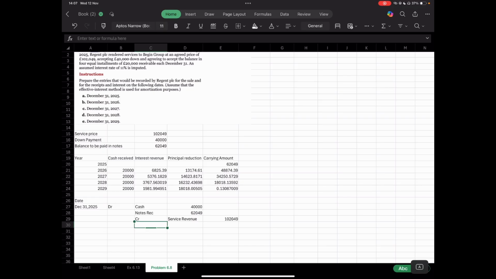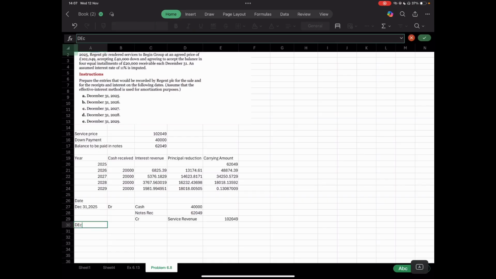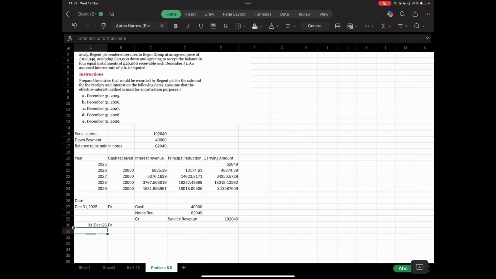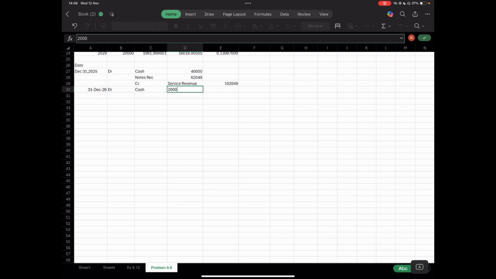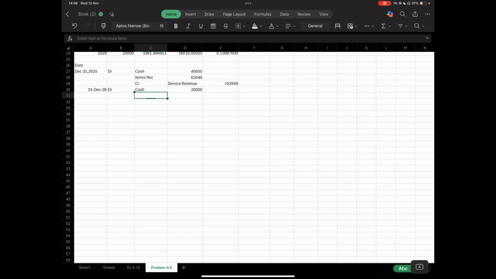Now we're doing December 31st, 2026. Here we write in cash, amounting to 20,000. And now we have notes receivable and interest revenue in the credit.